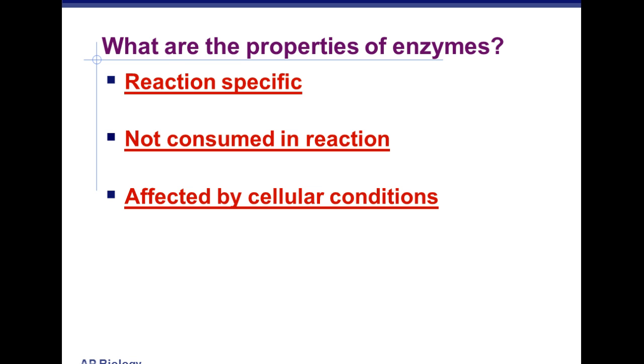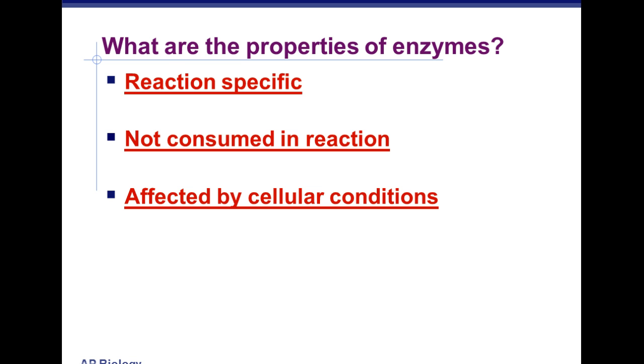Also add that enzymes are not used up or changed in the specific reaction they catalyze, meaning that once the reaction's done, the enzyme is free to move on to the next substrate and catalyze it, and then repeat the process over and over again.